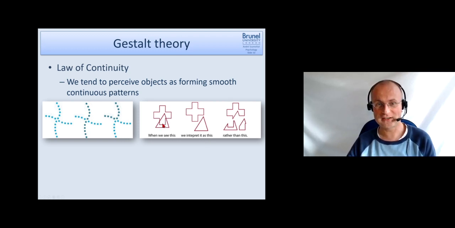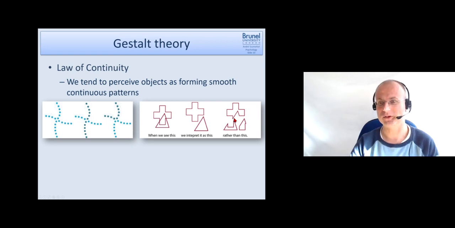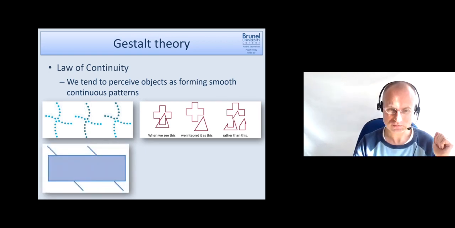So one object shaped like this complicated shape, and the other one attaches here from the bottom. However, the law of pregnance says this is more simple, so we prefer this one. And the law of continuity, because here we have much more continuous lines, and here we have much more corners which we have to cut to see that.